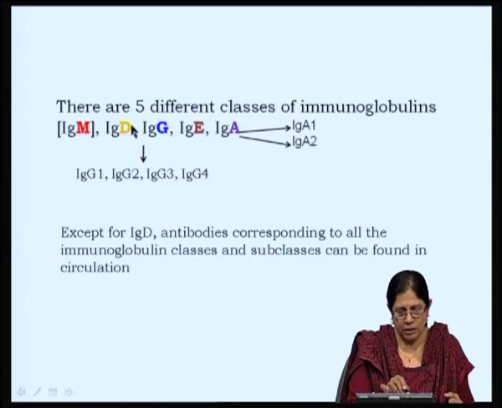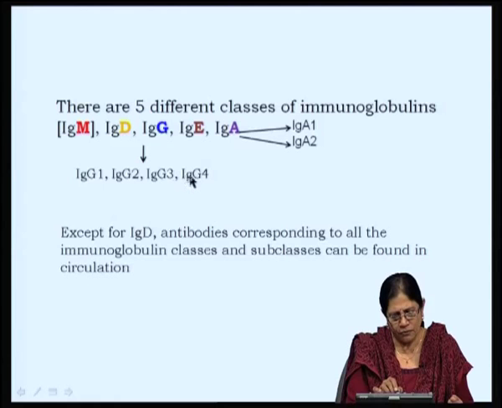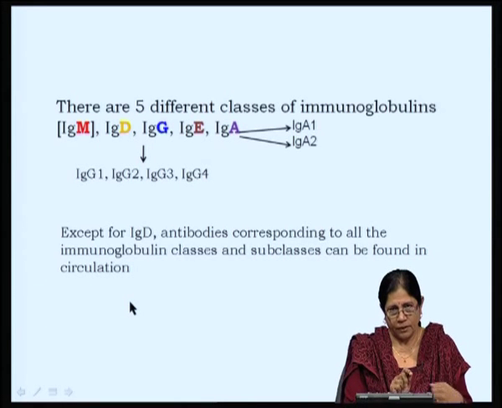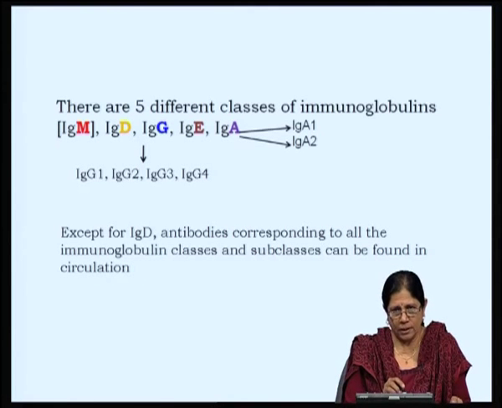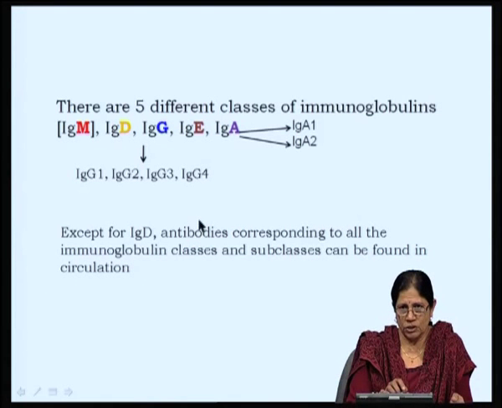The IgG has been divided into 4 different subclasses. Now, in my next lecture, I will be telling you all the structure and function of immunoglobulins, and you will have the opportunity to see how these 4 IgGs differ from each other.